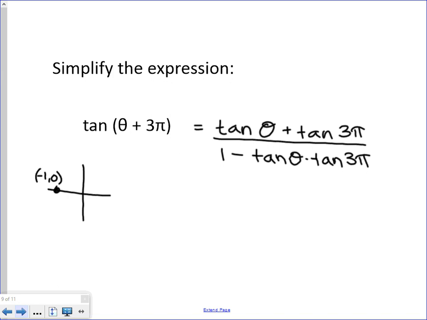Negative 1, 0. And how do you evaluate tangent? Y over x, so it's just 0. So this will be the tangent of theta plus 0 all over 1 minus the tangent of theta times 0. Oh, that works out pretty nice. My denominator is just 1, and my numerator is just tangent theta.